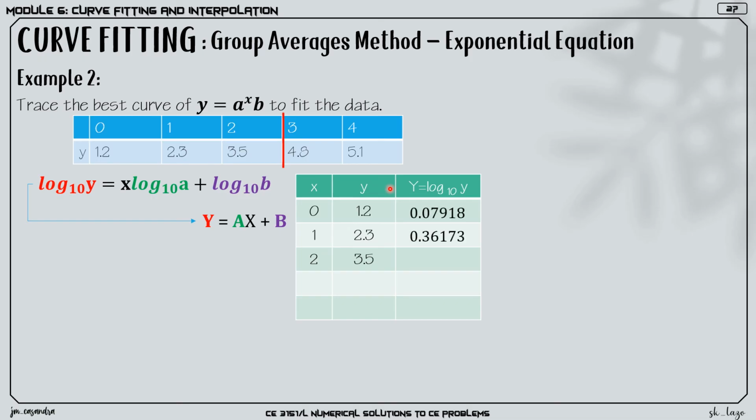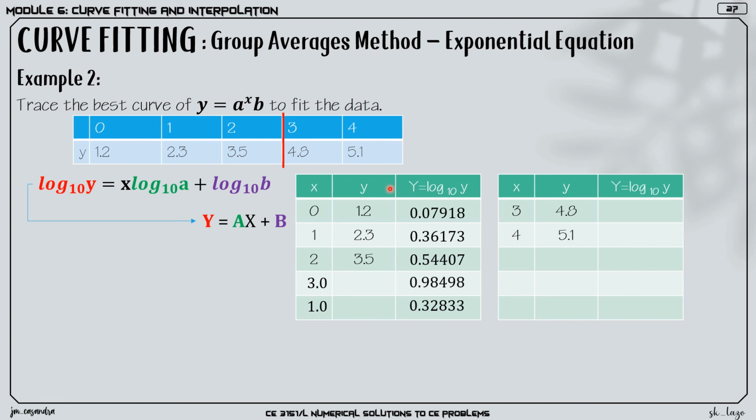0.07918, 0.36173, and 0.54407. From here, the total of x is 3 with average 1, and the total of the modified y is 0.98498, and its average is 0.32833.